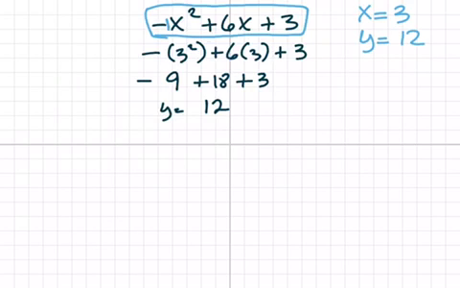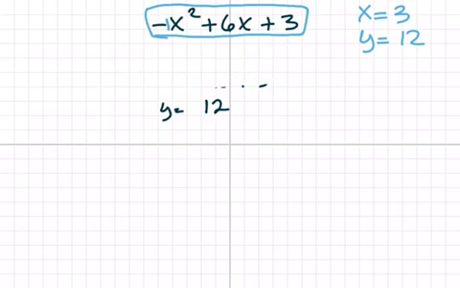For my vertex, I'm going to go over here 1, 2, 3, and then I'm going to go up 12. I can't, guys. Let's pretend this is 12 right here. It doesn't really matter.